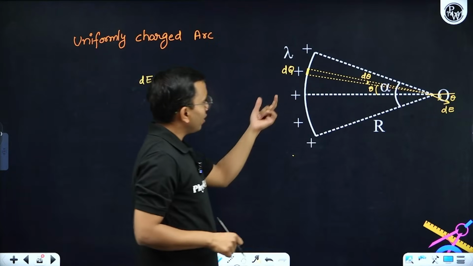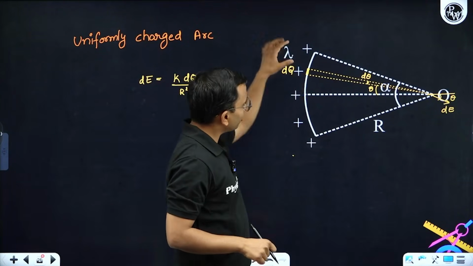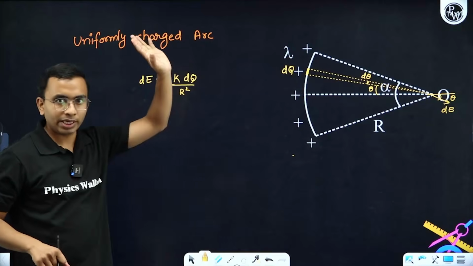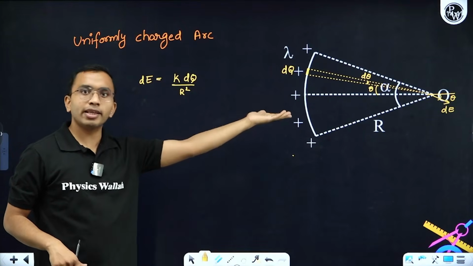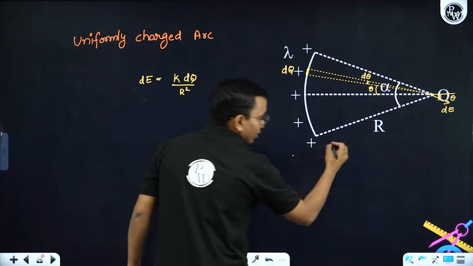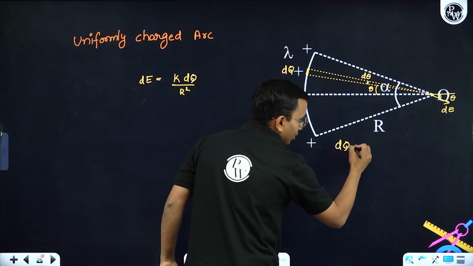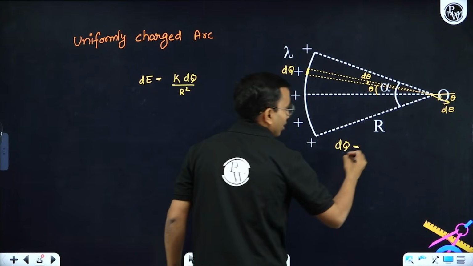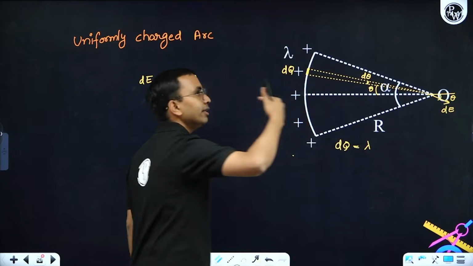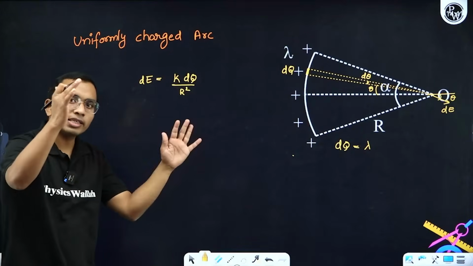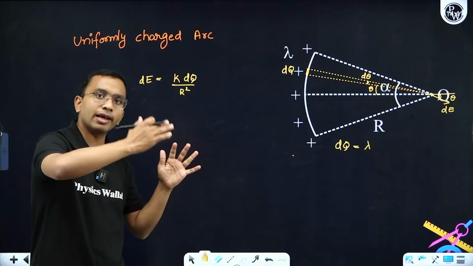Now first of all, we need to write dq. Charge per unit length is given to us, lambda. So dq is charge per unit length into the length, same thing. How much is that? Lambda into the length. How much is this length? R d theta.